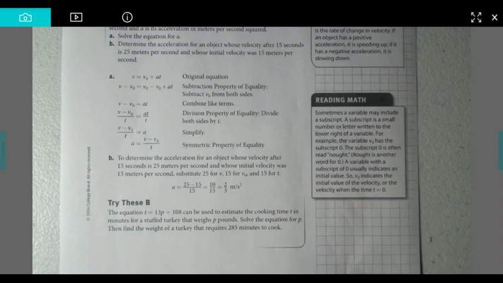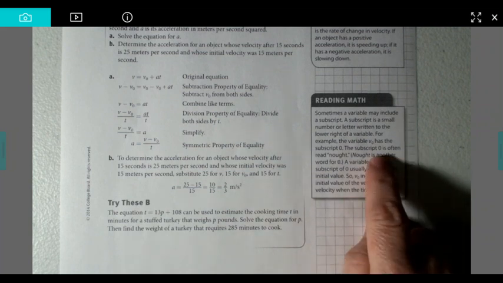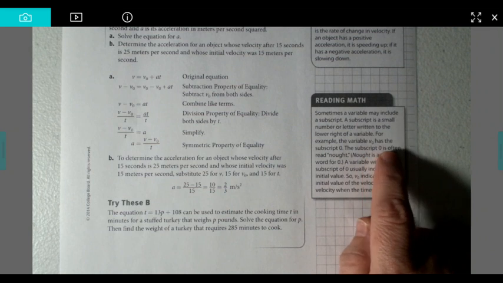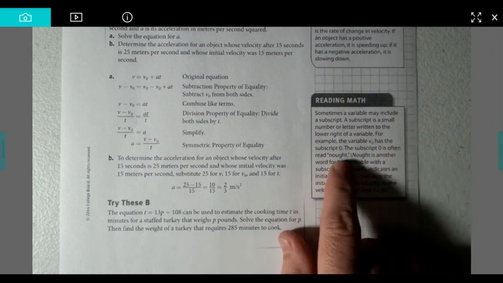Sometimes a variable may include a subscript. A subscript is a small number or letter written to the lower right of the variable. For example, the variable v little 0 has the subscript of 0.